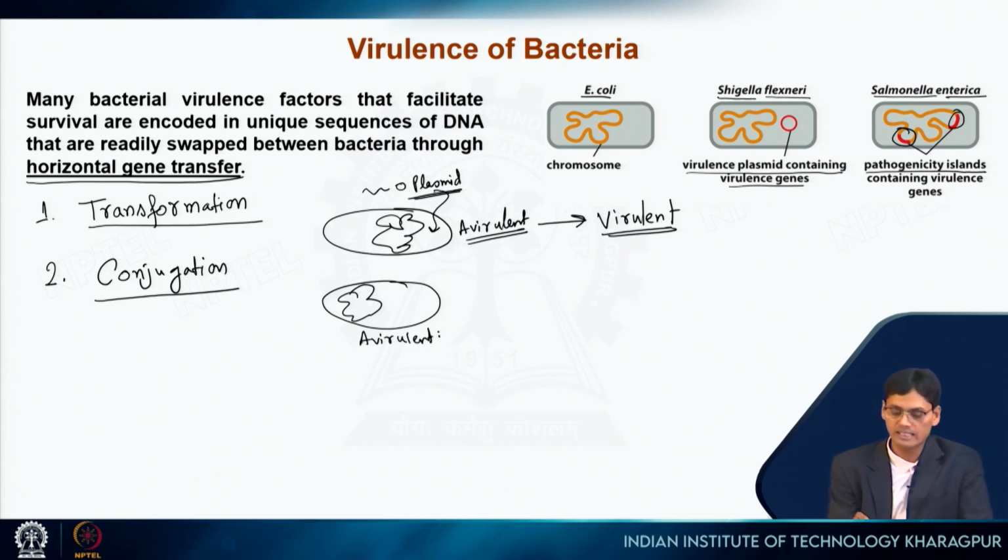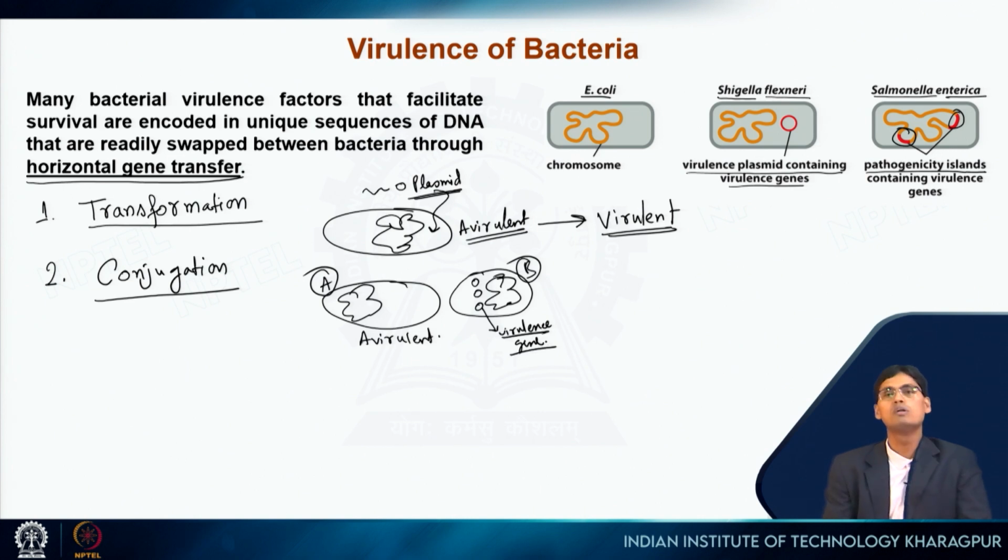Okay, so I am just naming this bacteria A. And now in the surrounding you have another bacteria, this is bacteria B, but it has some kind of virulence gene.